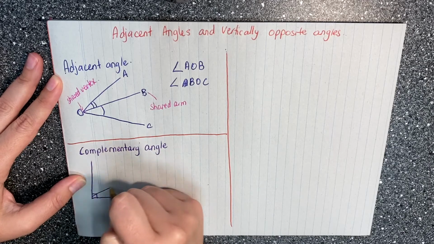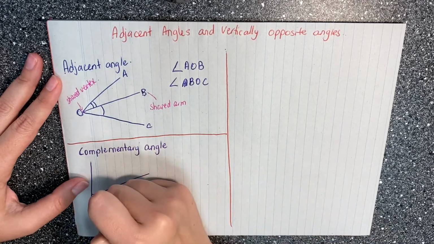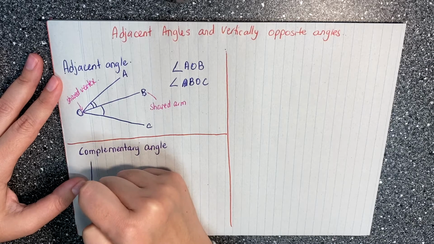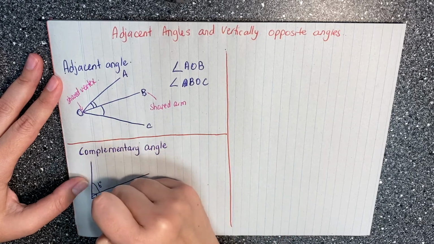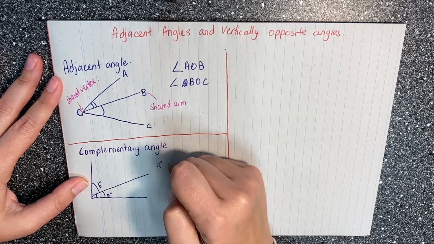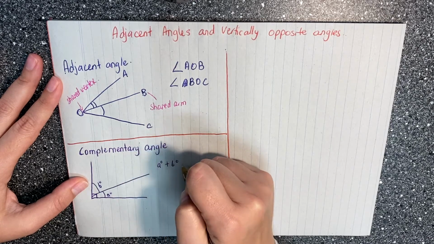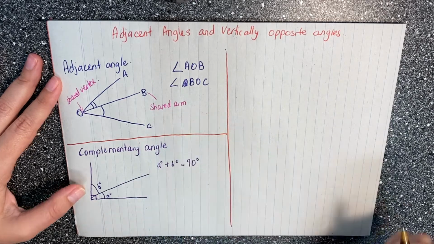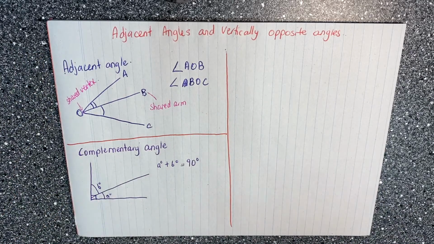Say that I had these two angles here, angle A and angle B. We can say that angle A and angle B are complementary because they add up to 90 degrees. It's just as simple as that.